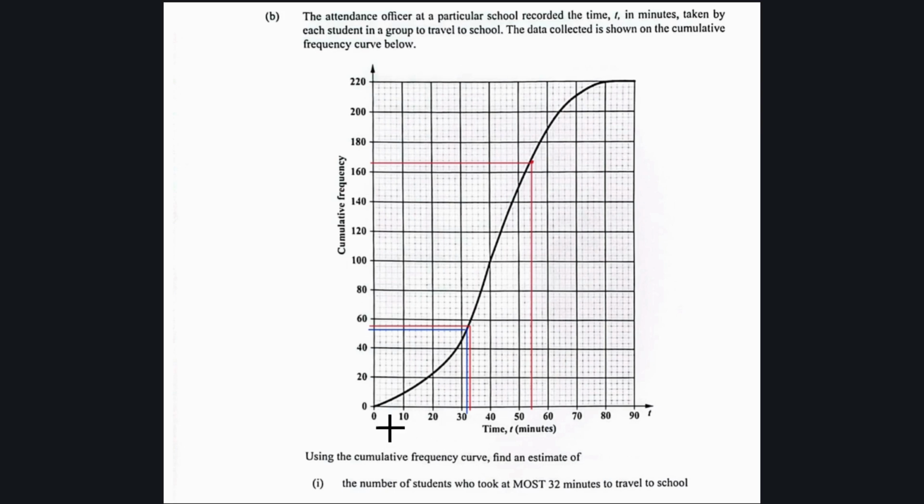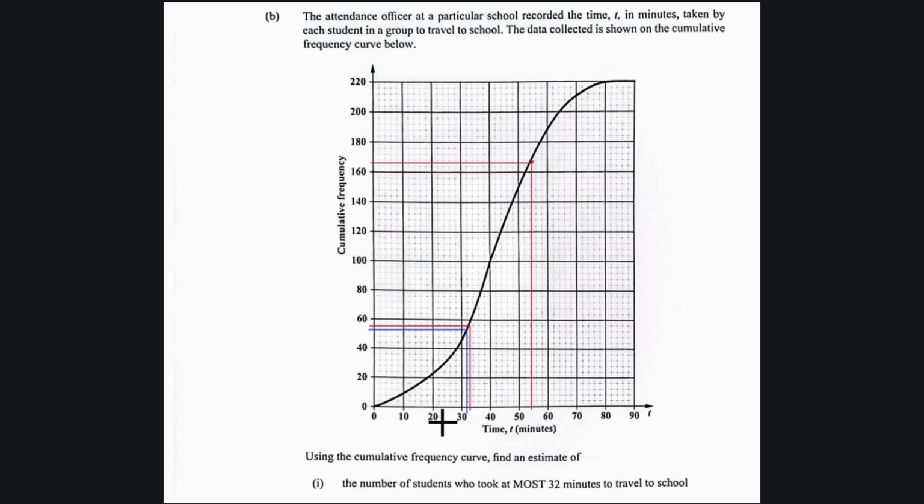So at any particular time, let's say 10 minutes, if you go up from 10 minutes and go across to the y-axis, this will represent the students who arrived in 10 minutes or less, right? So all the students who arrived in less than or equal to 10 minutes would be this part of the curve here.